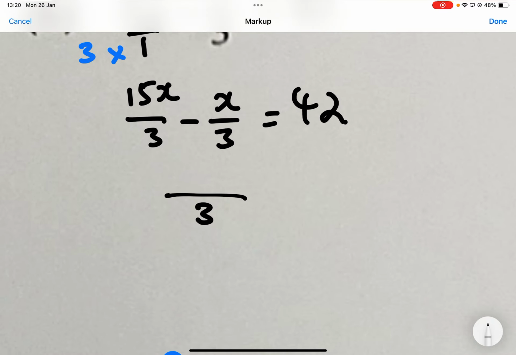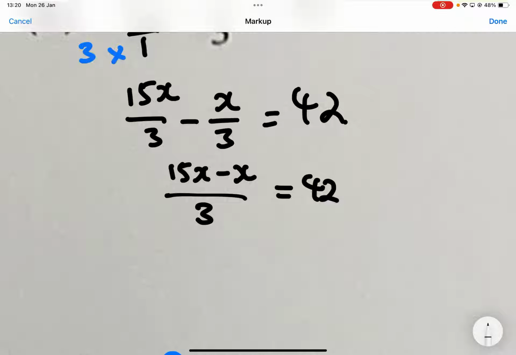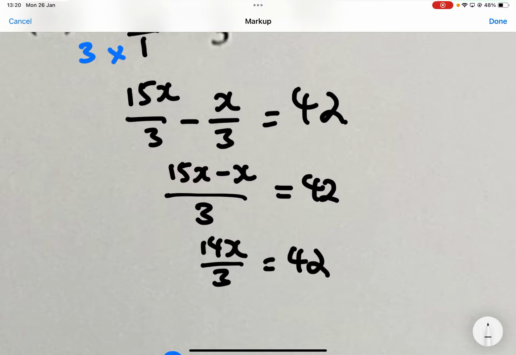Common denominator, put them together, numerator minus numerator. No difference from your primary school math. Fraction minus a fraction. Then I will have 14x over 3 equals 42.